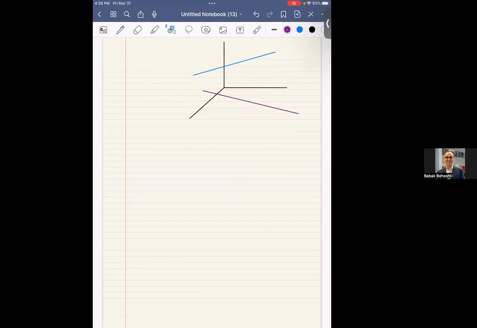Okay. So two lines can have 4 cases in terms of whether they intersect or not. In general, there are 4 possibilities.